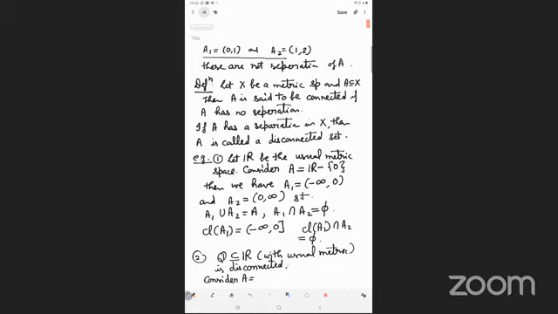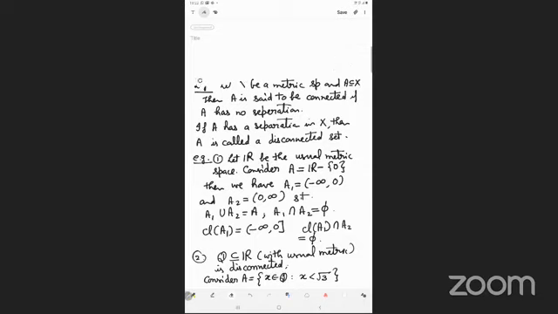You can take any one. And B as x belongs to Q such that x is greater than root 3.